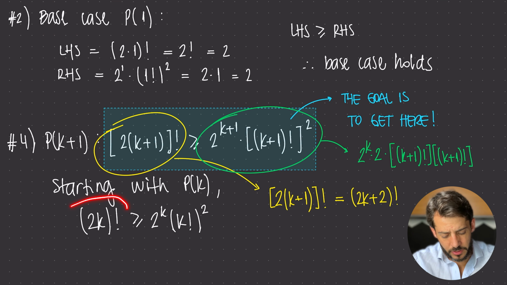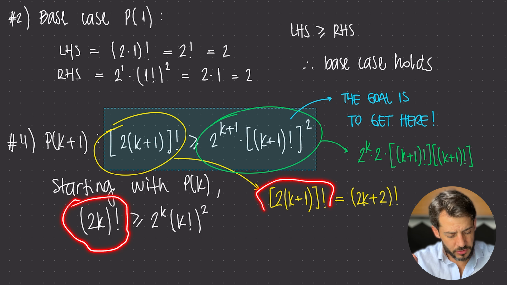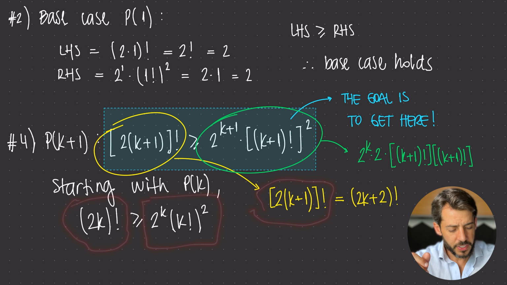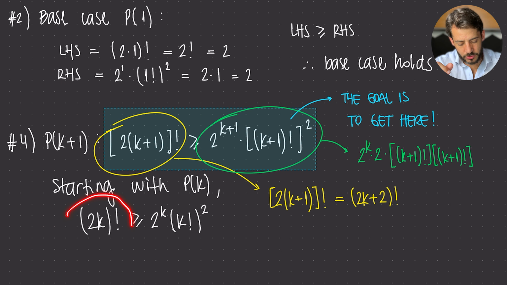We can either convert this into this by making appropriate substitutions and inserting terms, or we can make this into this. And in this case, it is better to take care of the higher factorials, meaning the left-hand side. What's missing for us to go from here to here?